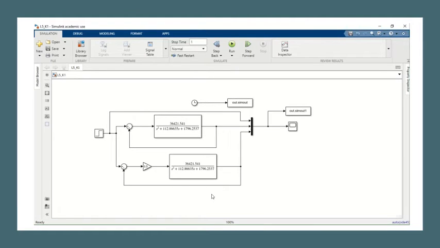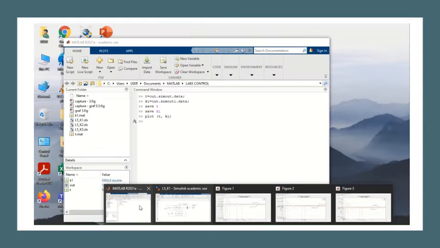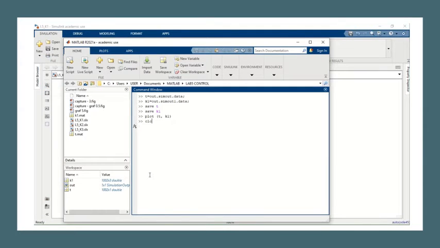After it finishes, we need to write in the command window: time equals out.simout.data. Second, K1 equals out.simout1.data.